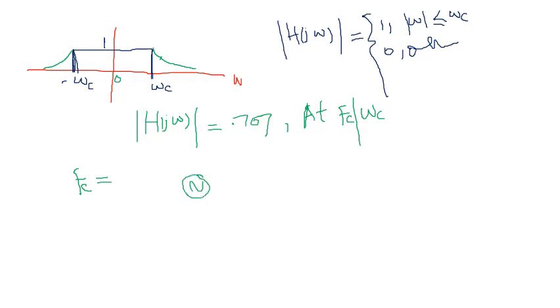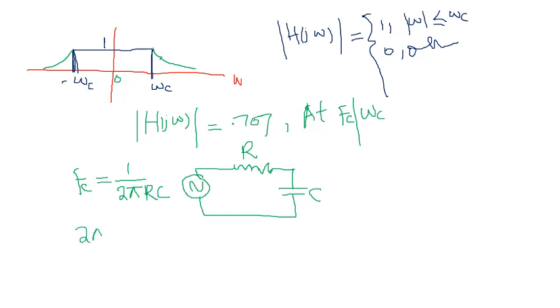This one is your R and this is your C. So the cutoff frequency fc equals 1 over 2 pi R C.